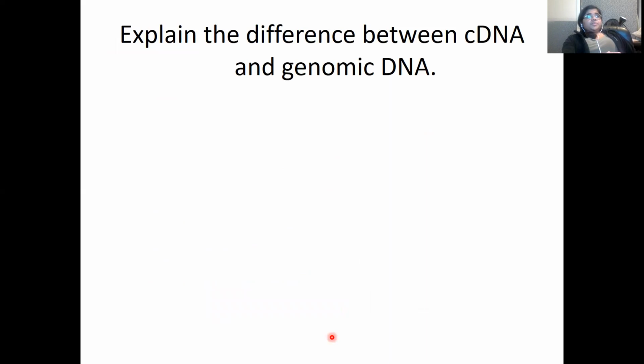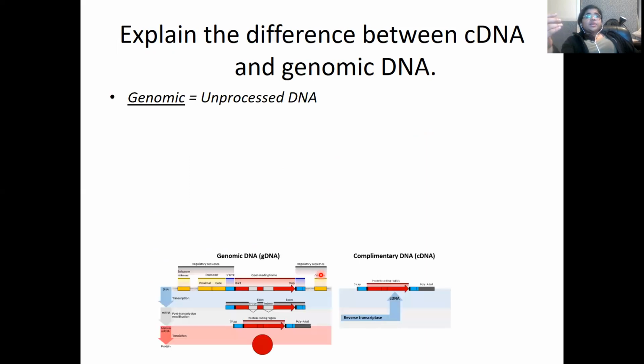So in this talk, we'll have a couple of things going on where we keep saying cDNA or genomic DNA. When we talk genomic DNA, we should think unprocessed DNA, and it is the DNA before any transcription or translation or any other gene expression methods occur.